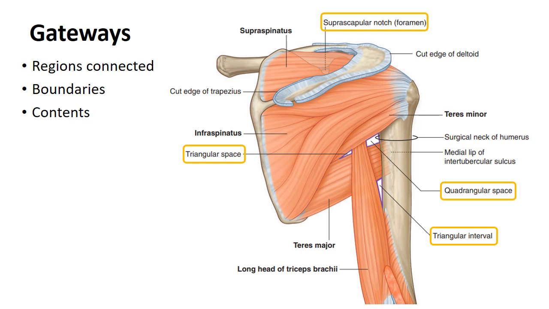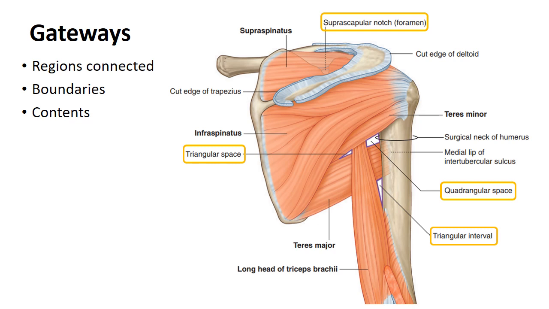It connects the root of the neck, the region superior or anterior to the scapula, with the supraspinous fossa of the dorsal or posterior scapular region. Boundaries: inferiorly the suprascapular notch, bridged by the suprascapular ligament, which converts the notch into a foramen.